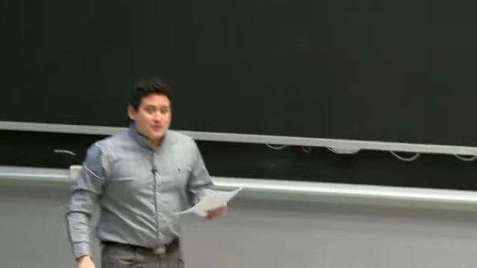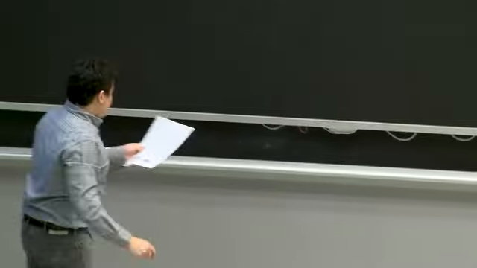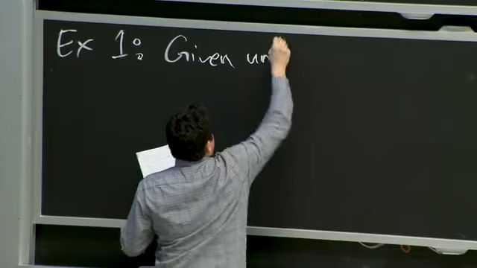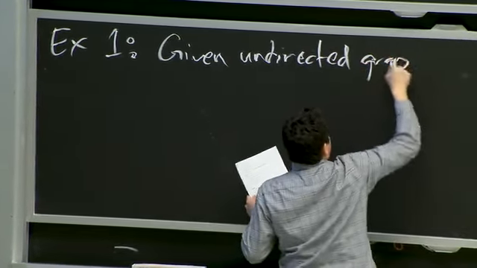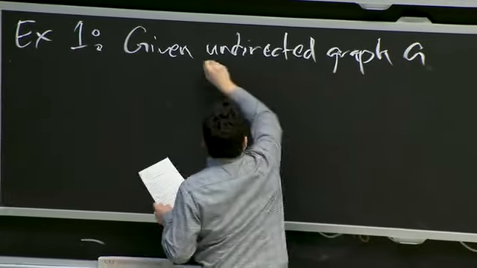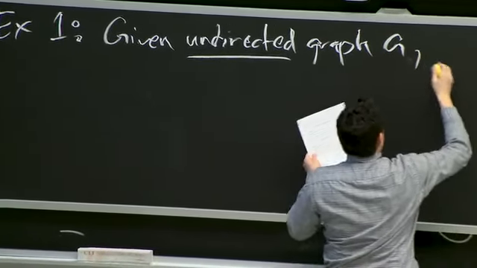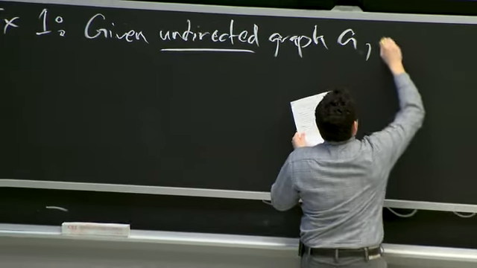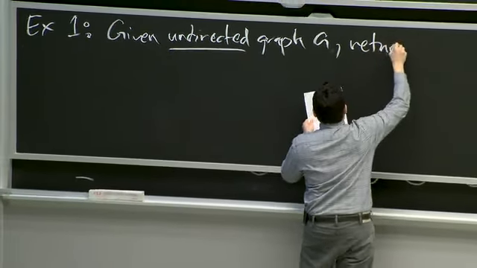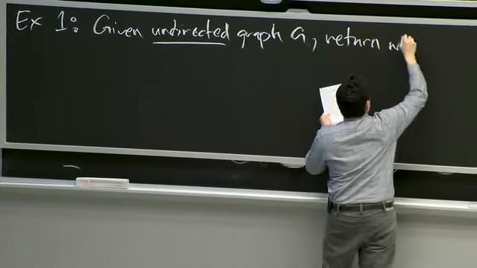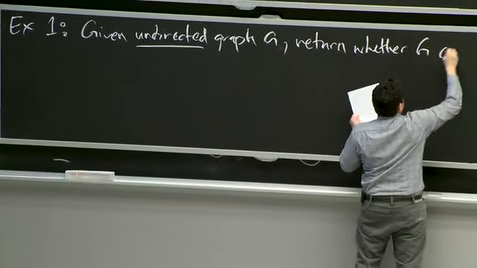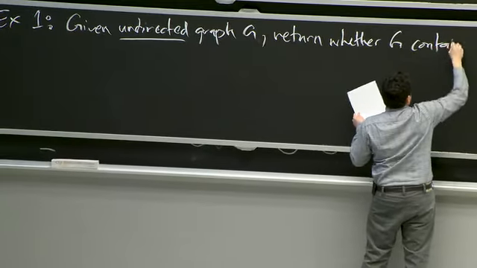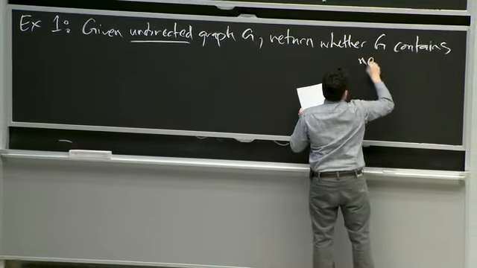Given an undirected graph, G, return whether G contains a negative weight cycle.